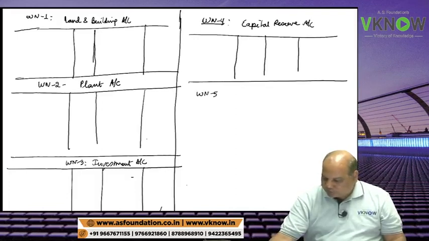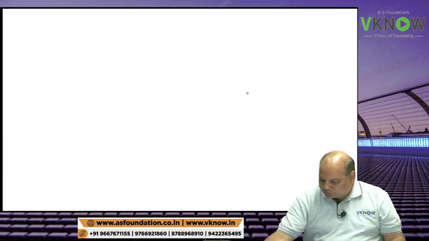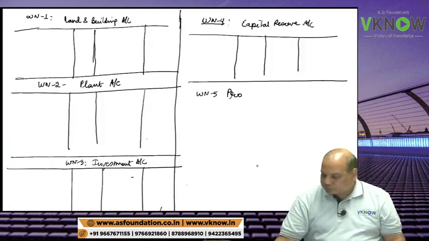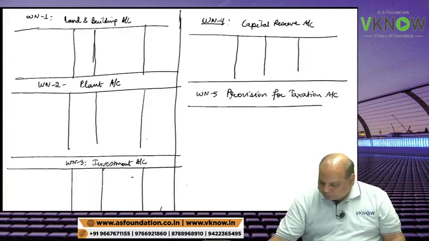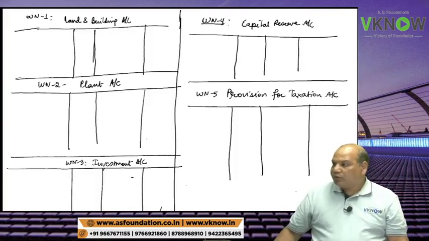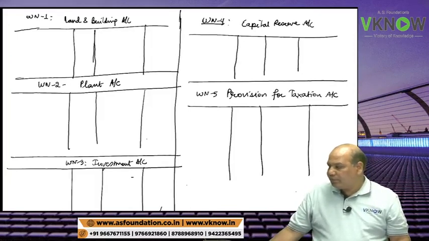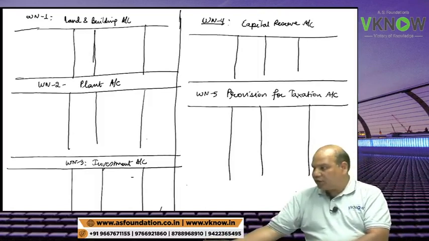And write down working note 5, provision for taxation account, because one adjustment is in provision for taxation. Draw a ledger where you have some adjustment, where you think there may be some balancing figure. 5 or 6 lines. Kindly draw the 5 working notes. I think that will be sufficient.